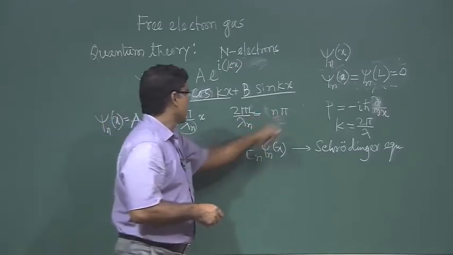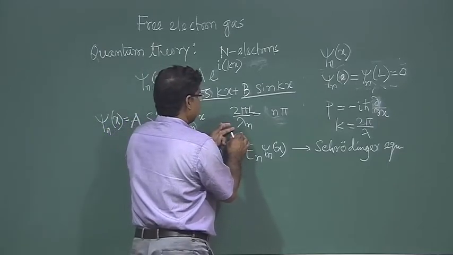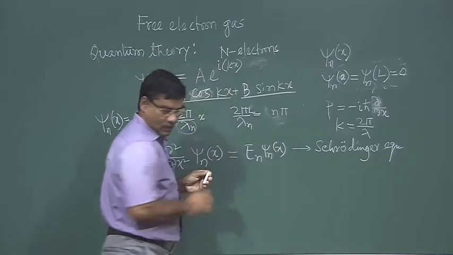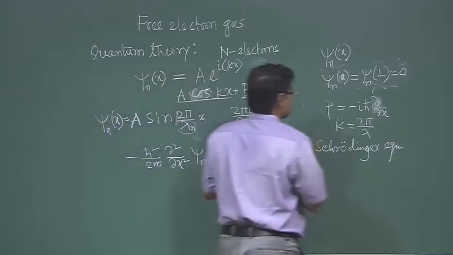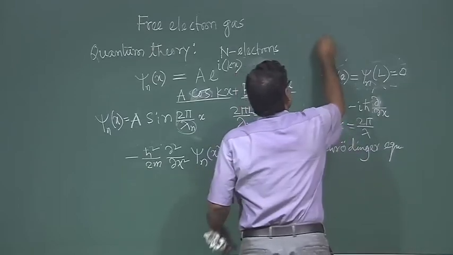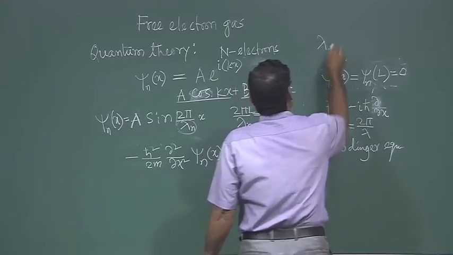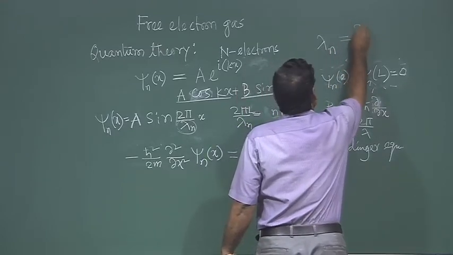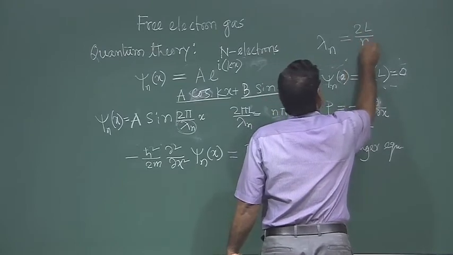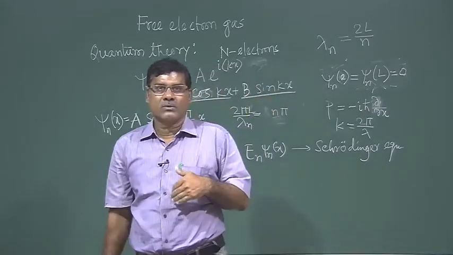So, I have to write n pi. Then from here, lambda n, which I write here because I need this value later on, lambda n equals 2L by n, for n equal to 1, 2, 3, 4.